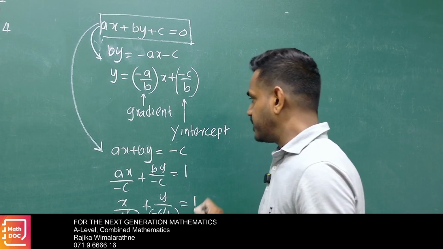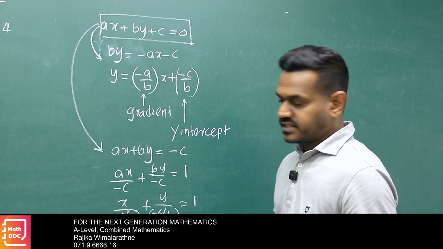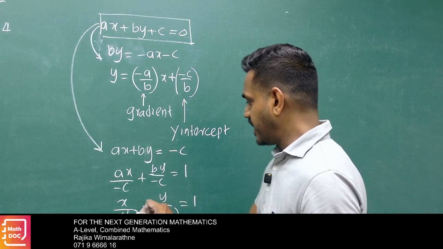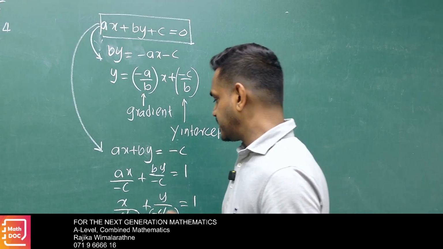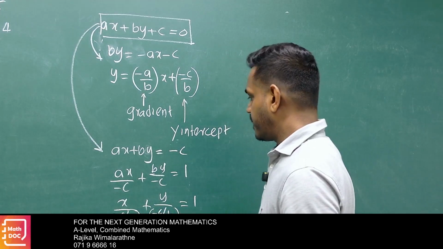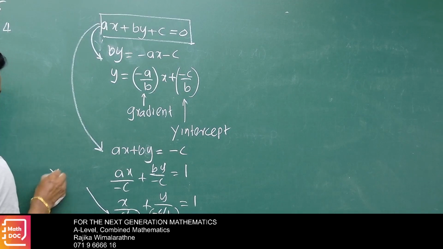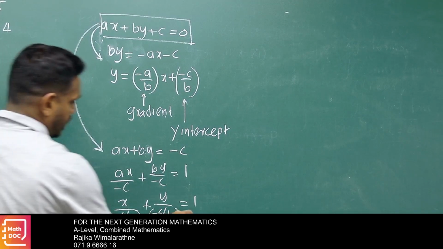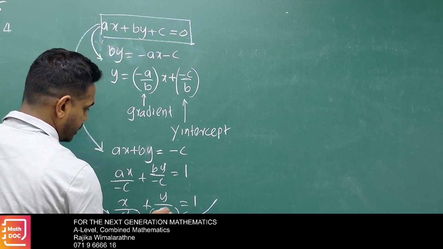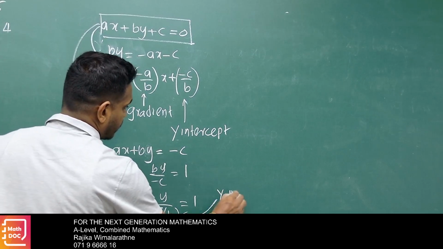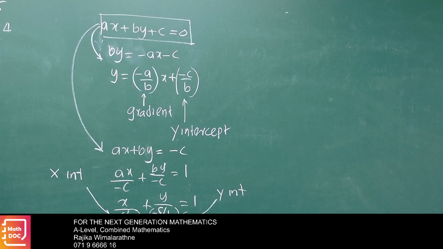Here intercept form, no? Then you can say here x-intercept and here y-intercept. Okay, x-intercept and y-intercept.